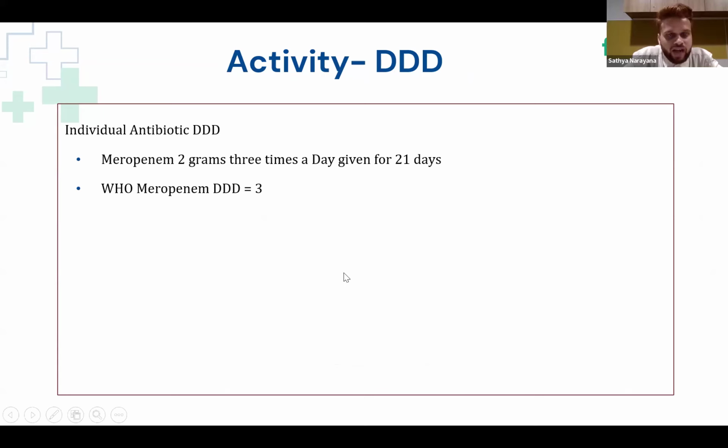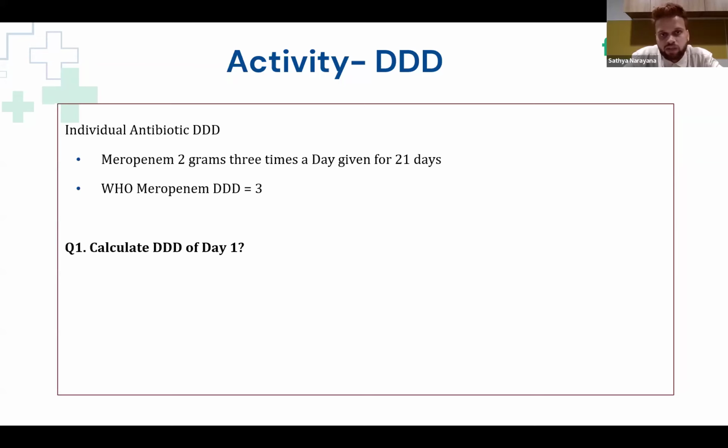For example, an individual antibiotic DDD. Take meropenem, 2 grams advised, administered 3 times a day and given for 21 days. The WHO meropenem standard value is 3. So when we calculate the DDD per day, we first consider the dose per one time, which is 2 grams, times how many times we give per day, which is 3 times.